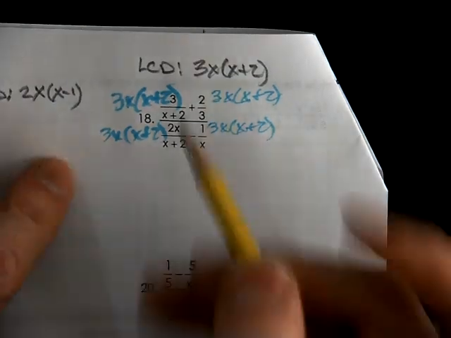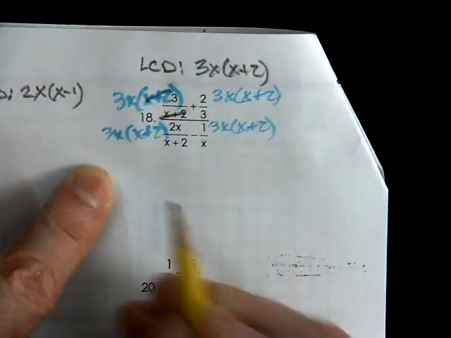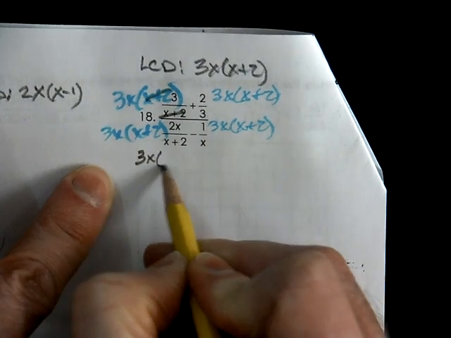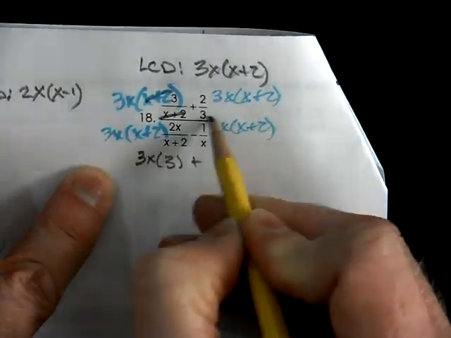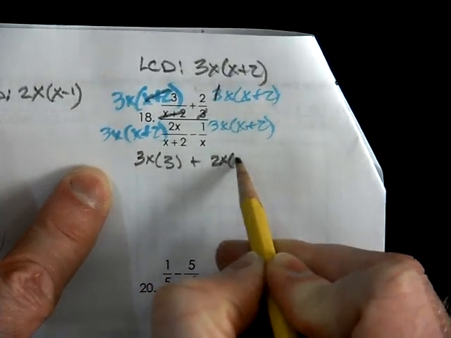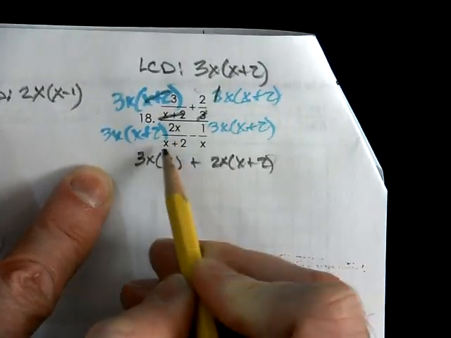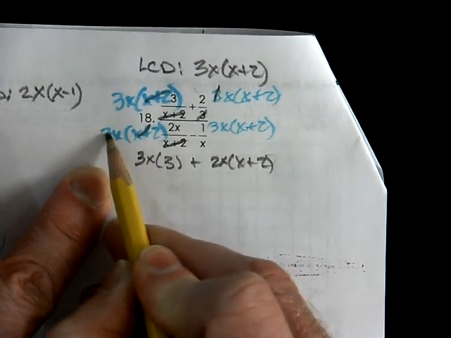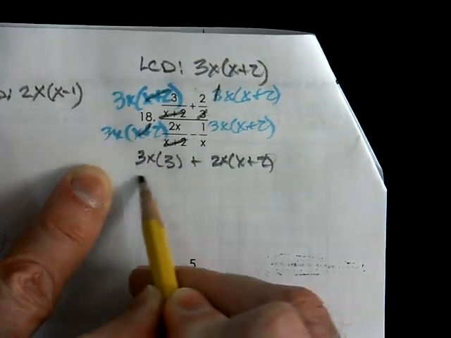Then we can reduce. So we can reduce there. And we get 3x times 3. And we can reduce the x's out of there. So we get 2x and x plus 2. We get 6x squared.